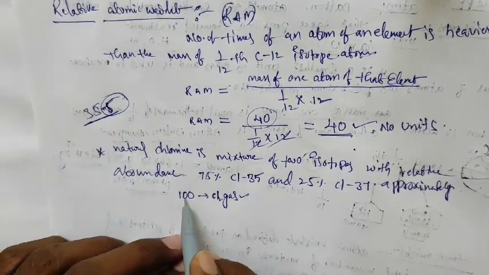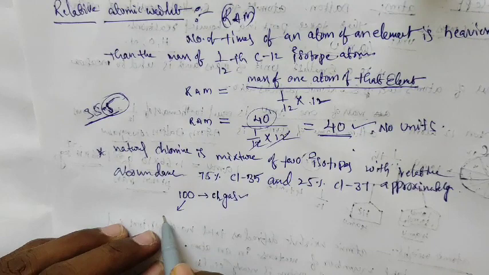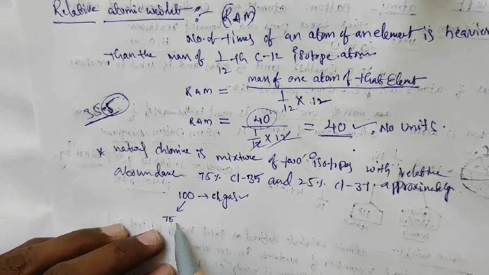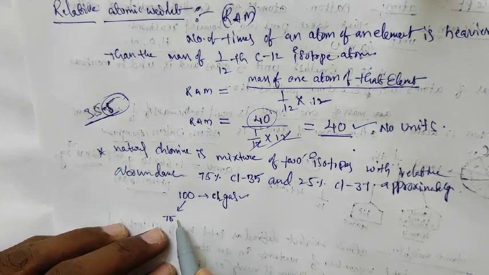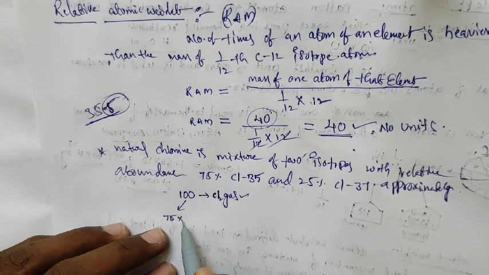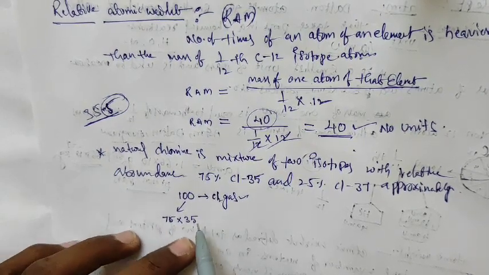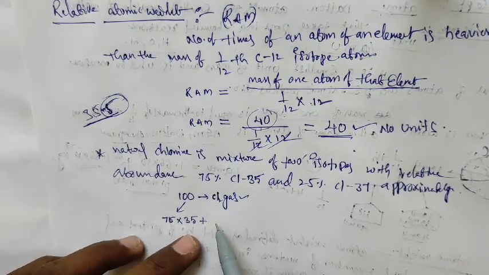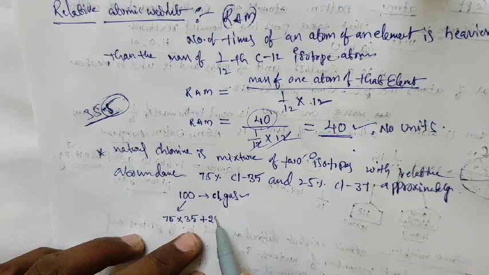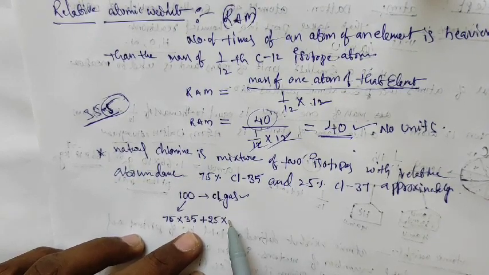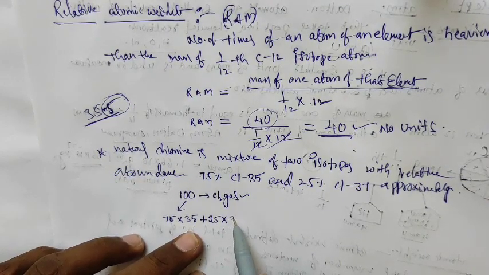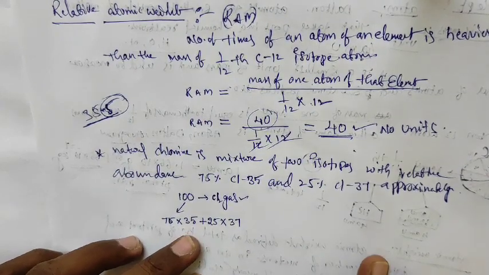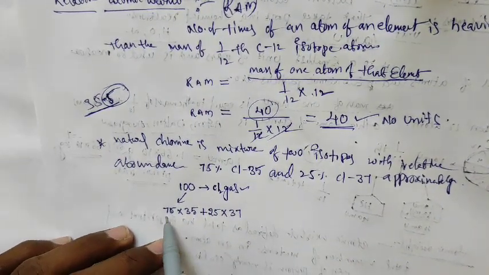In that 100, 75 atoms have mass 35, plus 25 atoms have mass 37.